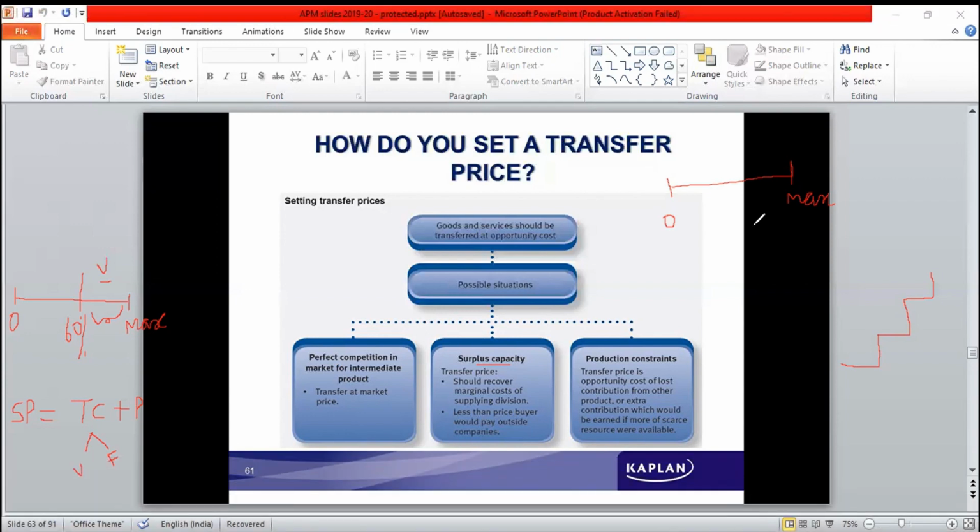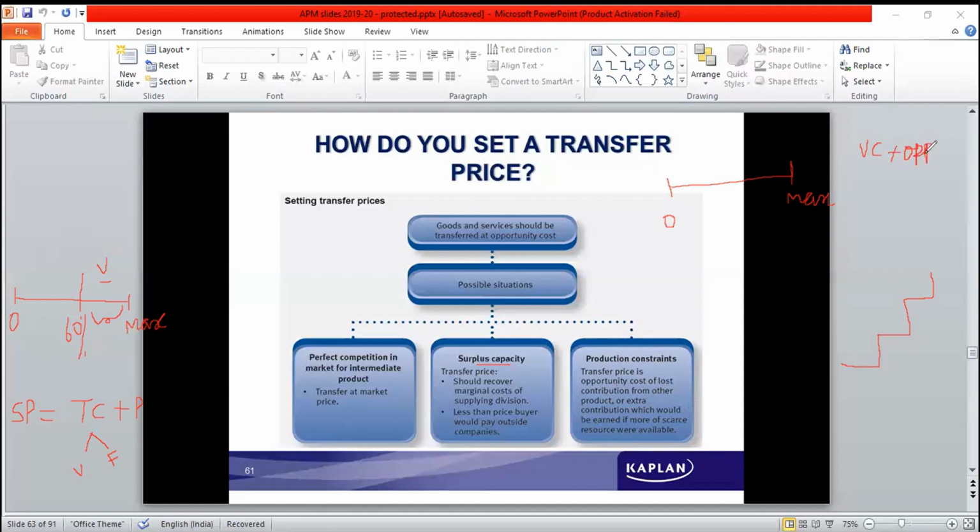At that time, the transfer price is the opportunity cost of lost contribution from other products, or extra contribution which would be earned if more scarce resources were available. So the transfer price would be the variable cost plus the opportunity cost, because they would be foregoing some revenue by not taking up the production and selling to others.